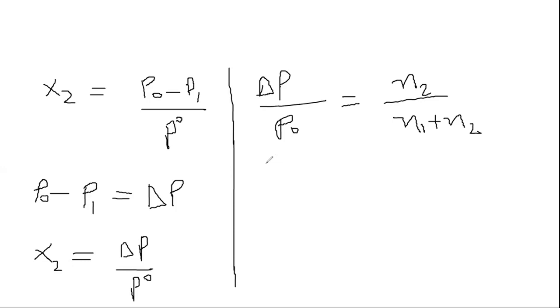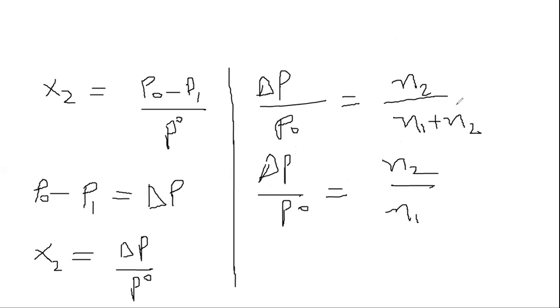So our next equation would be delta P over P naught equal to N2 divided by N1. I have neglected this one as I explained before. So these are the number of moles of the solute divided by the number of moles of the solvent.